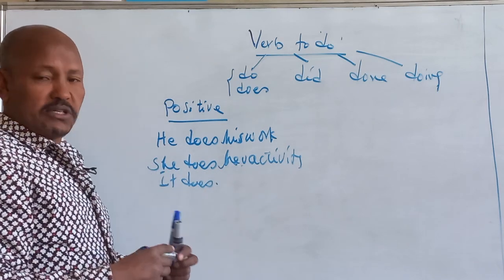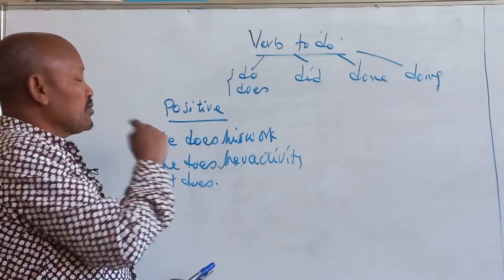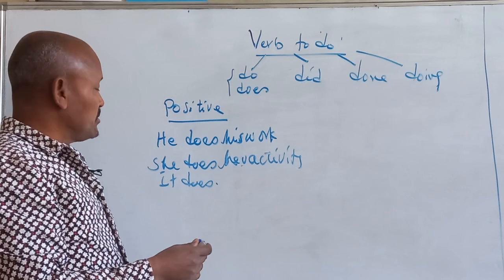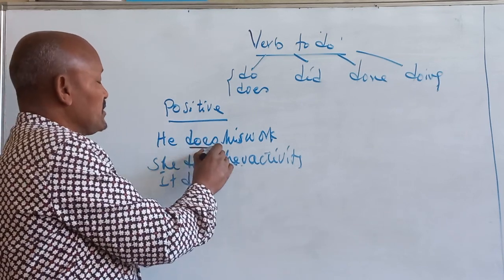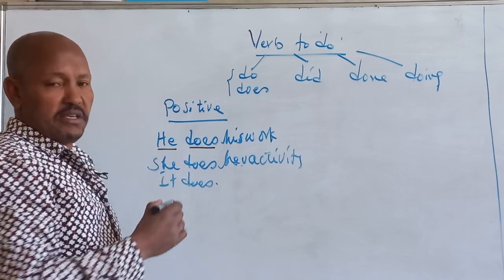The first here is positive. He does his work, which is a singular subject and a singular D form of the verb. So this verb is appropriate with the speaker he.